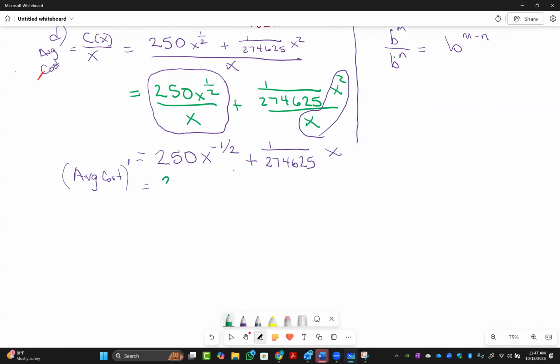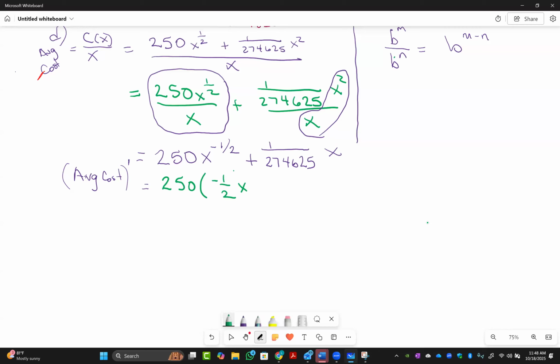This is going to be easy because the derivative is going to equal what? 250 times negative one half x to the what power? Minus 1/2 minus 1.